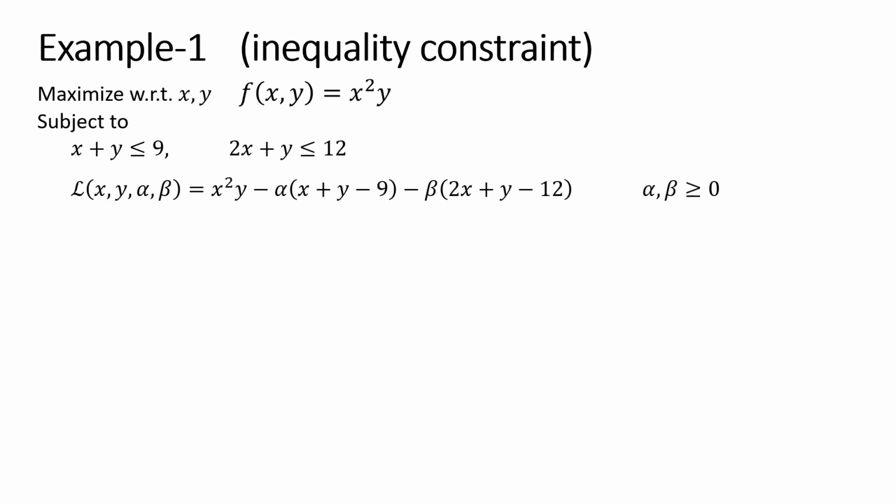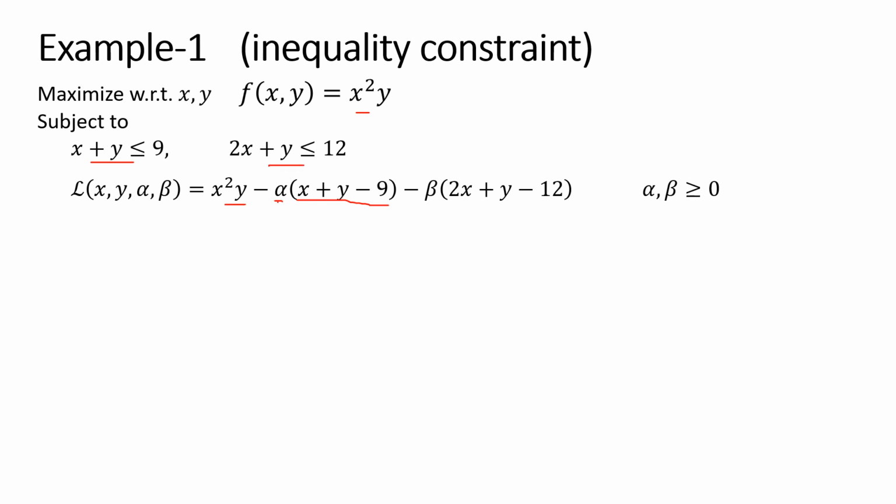The Lagrangian is x squared y minus alpha, a Lagrange multiplier, times x plus y minus 9, because this constraint translates to x plus y minus 9 is less than or equal to 0.